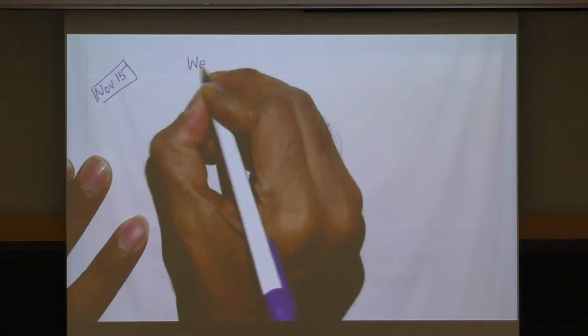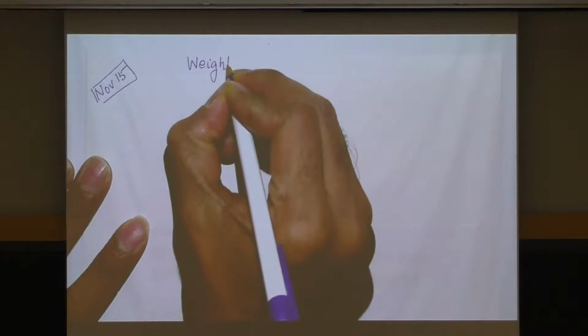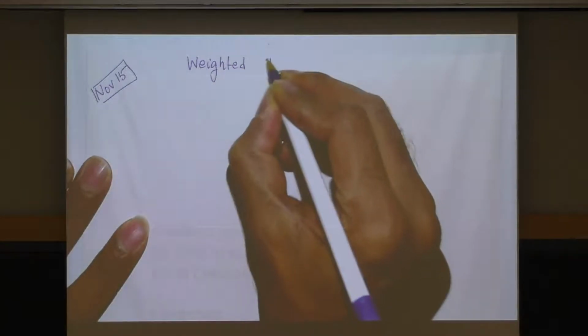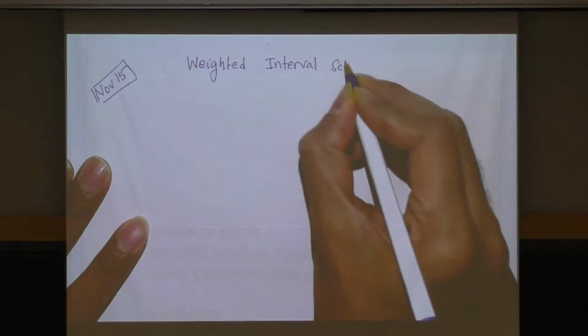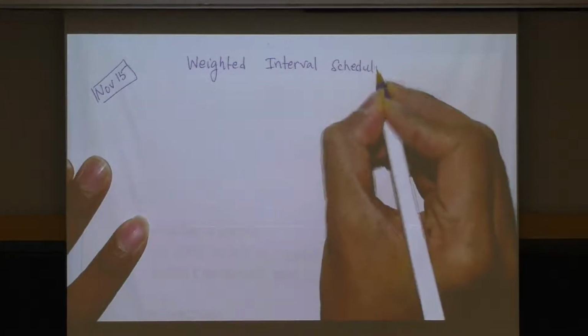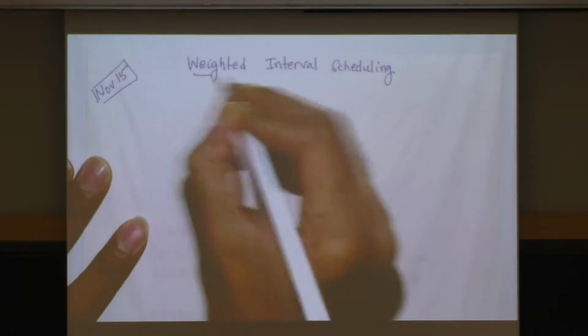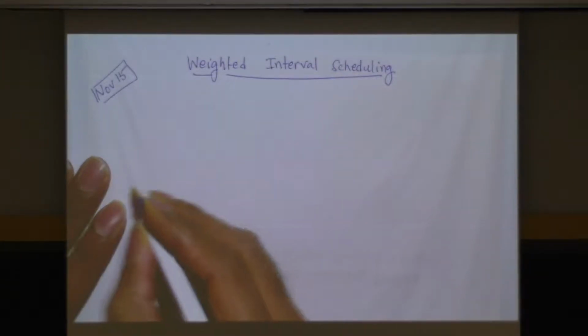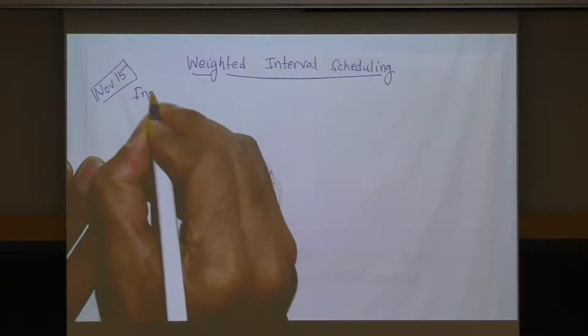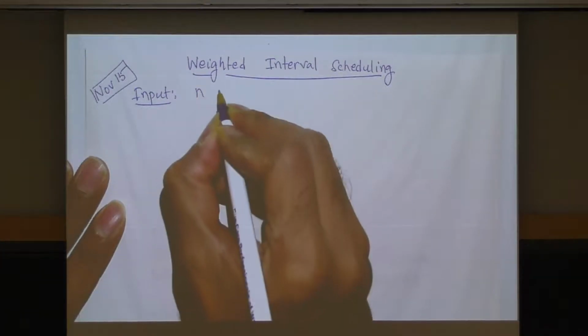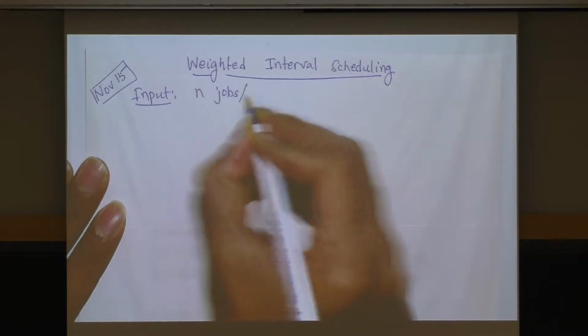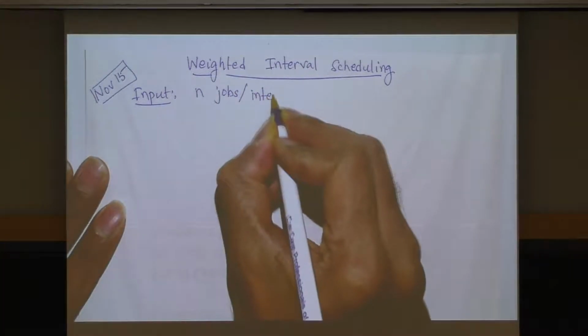All right, so this problem is called the weighted interval scheduling problem. And the input, as was the case for the interval scheduling problem, is n jobs or intervals.